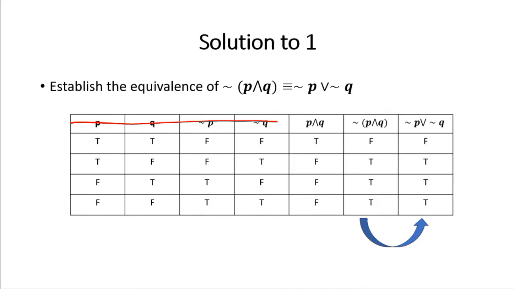So we're now here. We need to find P cap Q, or P and Q. Now, what is the truth table for AND? We know that for AND, when P and Q are both true, the result is true.